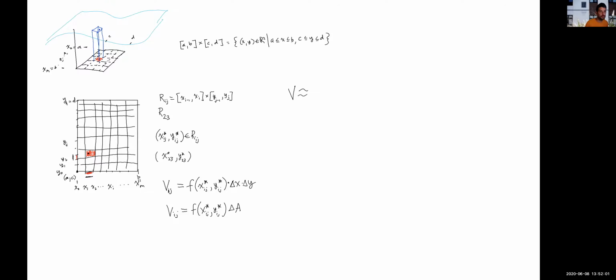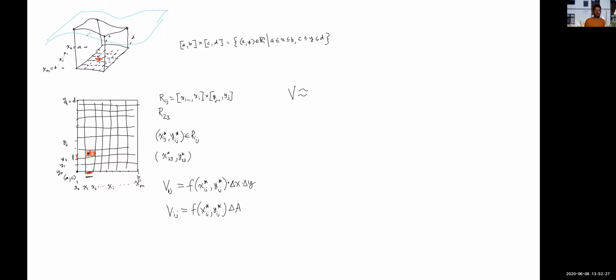If I drew these corners up to the surface, maybe I'll get rid of this rectangle now. If I drew corners up to the surface, wrong tool. There was my box. Corners up to the surface, right? There's going to be some kind of shape above that thing, right?